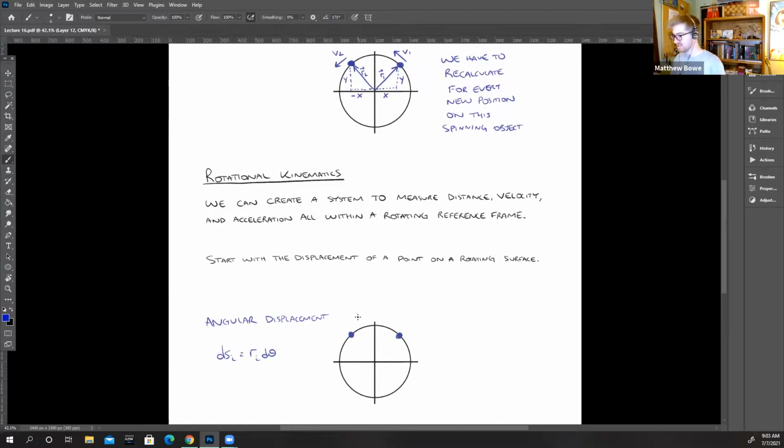Since this is the same exact point, I just need to know the radius. How far away from the axis of rotation is this single point spinning? So as long as I know the radius, I know it's going to be that far away right here. It's going to be the same exact radius away over here. That makes it a lot easier already.